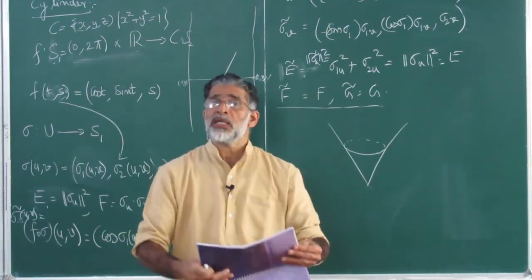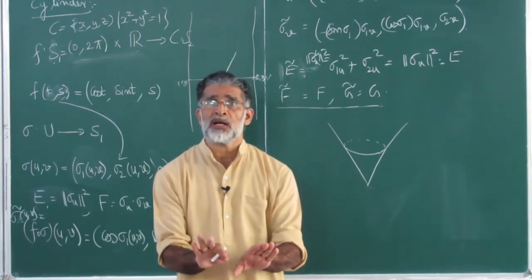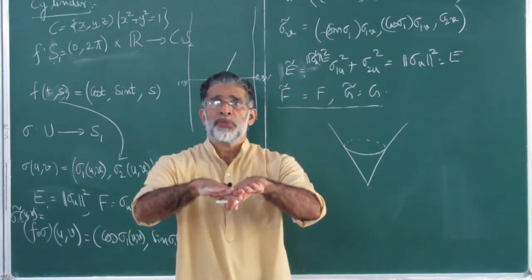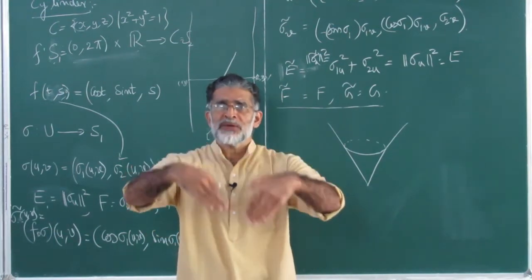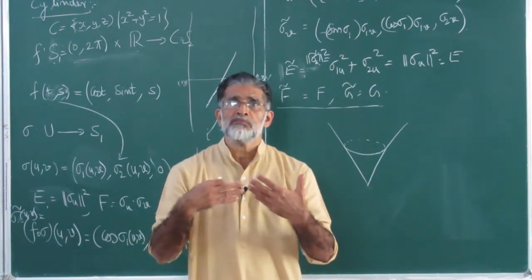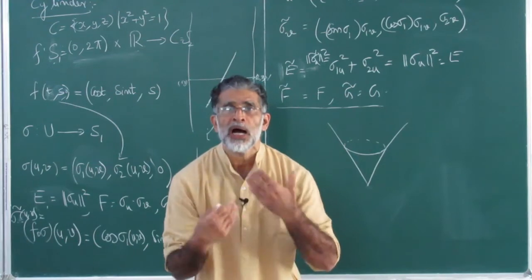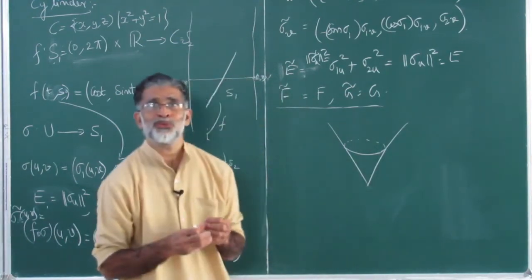So this is how you construct a cone. Nowhere have we stretched or shrunk. We only bent it, like a cylinder, but in a different way of bending. So the cone also is isometric to a subset of R2.